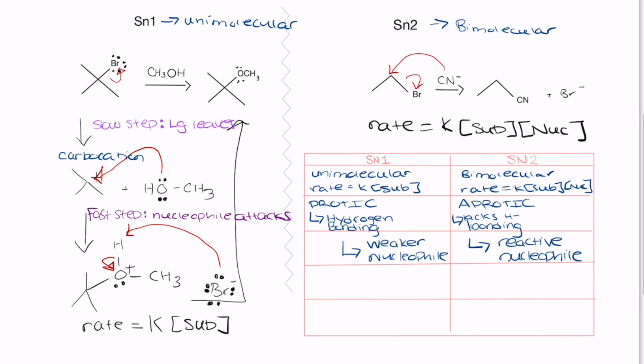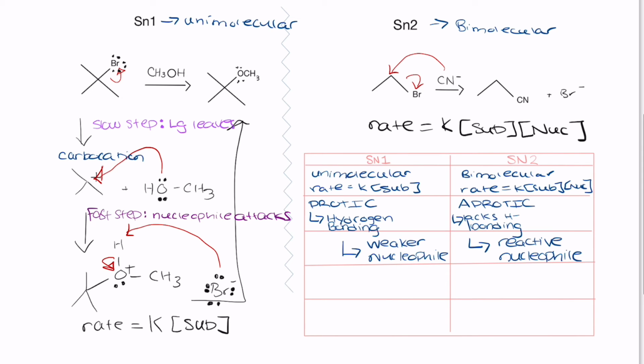And so we need to have an aprotic solvent here, which means that our solvent usually cannot have hydrogen bonding. And that's because hydrogen bonding would make it too weak and too stable to react. So it helps here that we have a strong nucleophile to attack in the first step of the reaction.